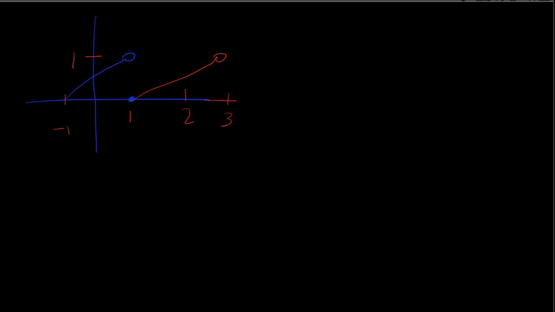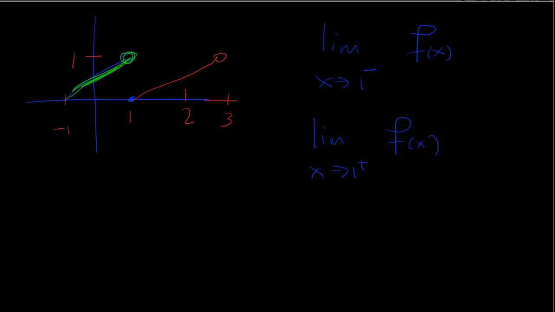So notice the limit as x approaches 1 from the left of f of x, and the limit as x approaches 1 from the right. Well, from the left, we're coming up this function, which is at 1 for the y value, and from the right, we're coming down here, and we're approaching 0 for the y value.